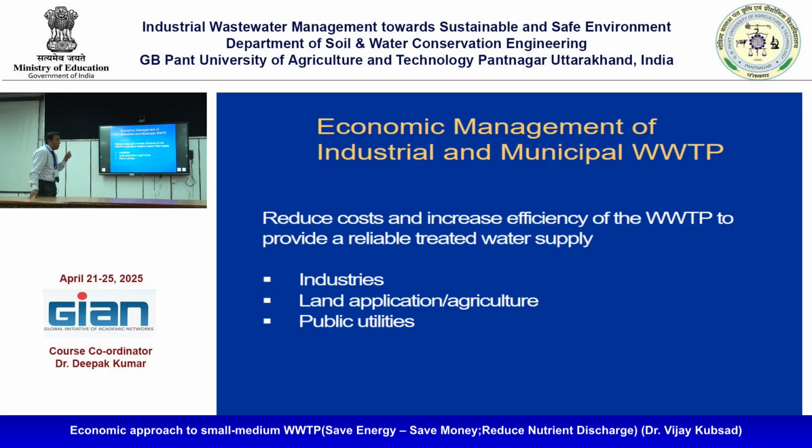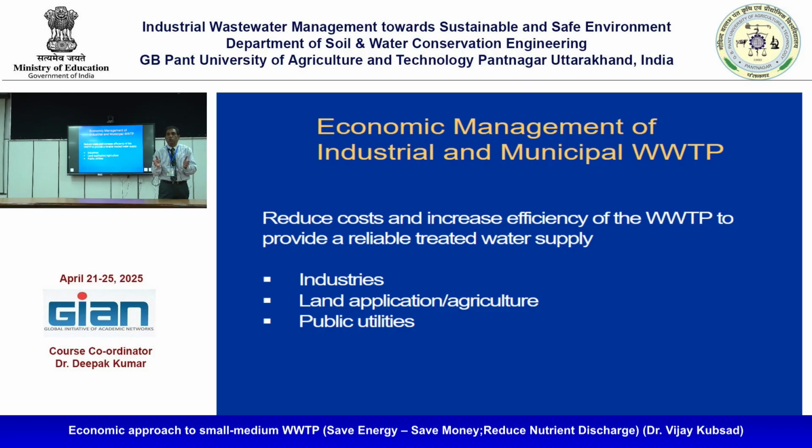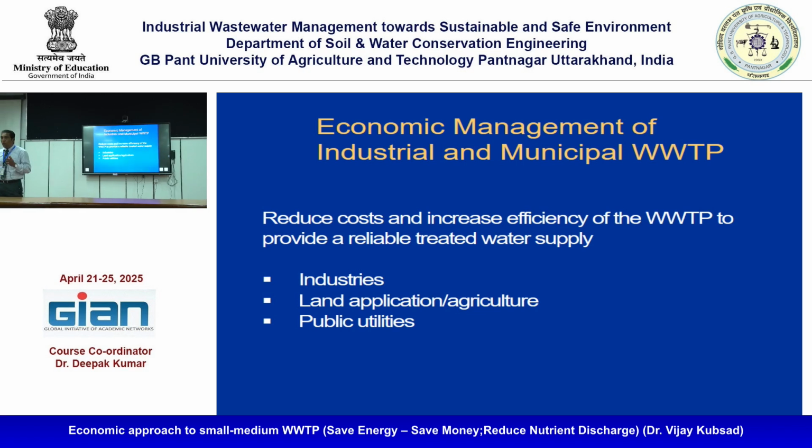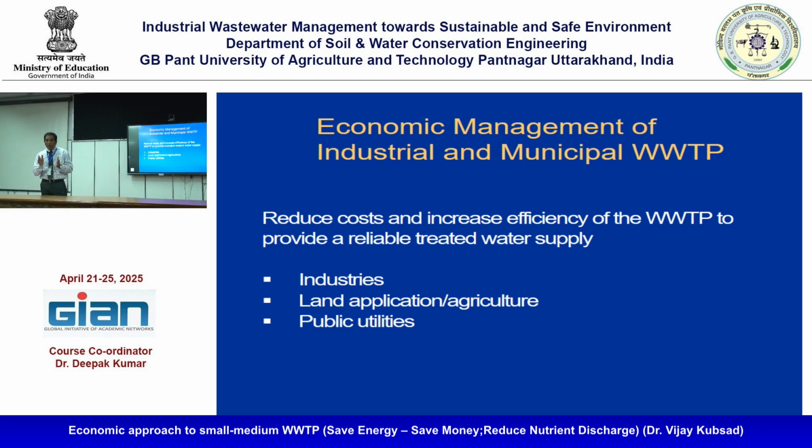For land application, how can you save money? If you use every byproduct generated from the wastewater treatment plant, then you can save money. I have given you some examples earlier, and in the tutorial we saw how they were operating earlier, and then how they moved towards recycle and reuse.